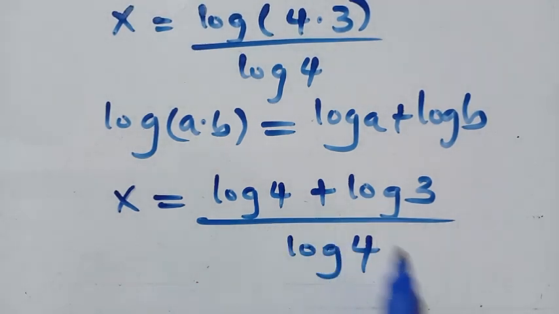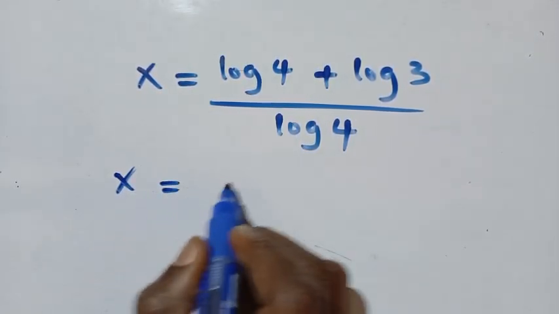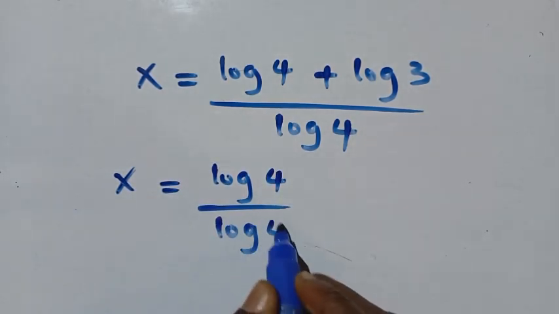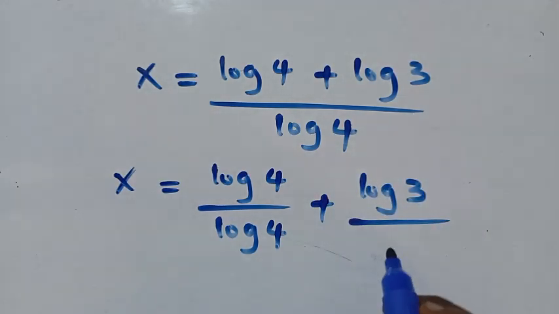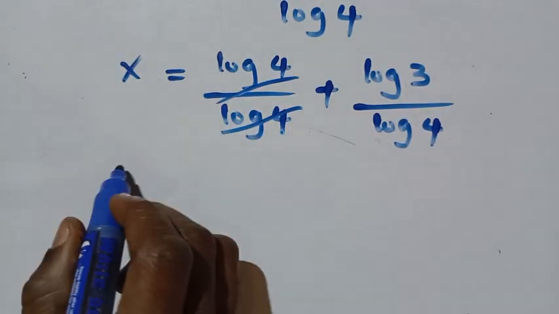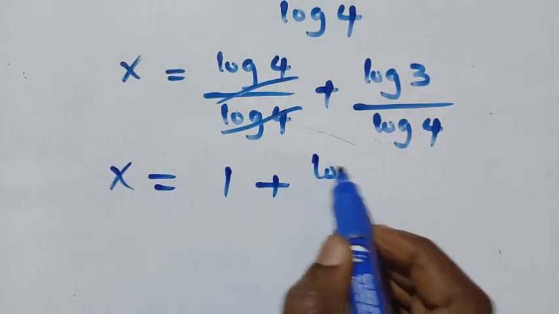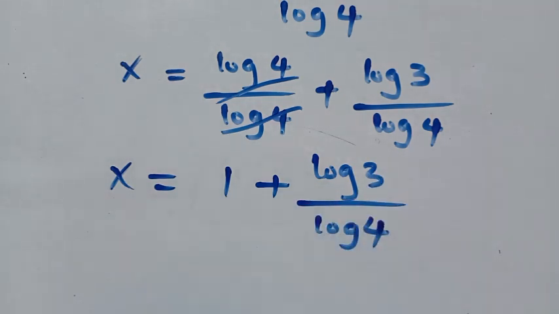Then let's apply the rule of algebra, so we can separate this as log 4 divided by log 4 plus log 3 divided by log 4. From here, log 4 cancels log 4, and we have x equals 1 plus log 3 divided by log 4.